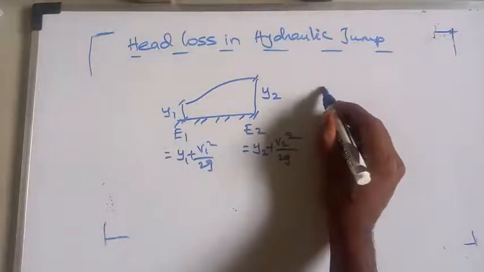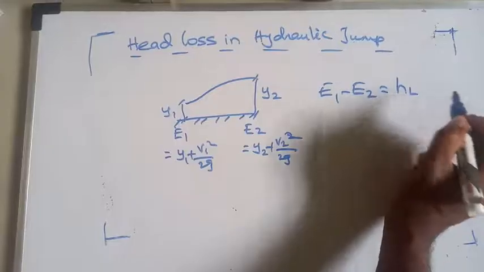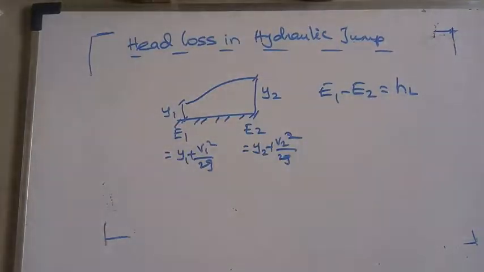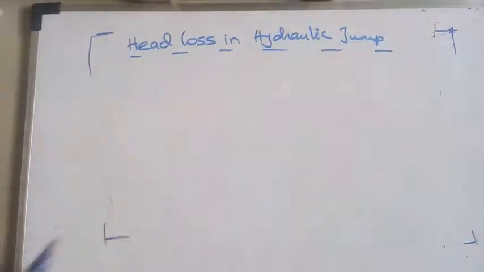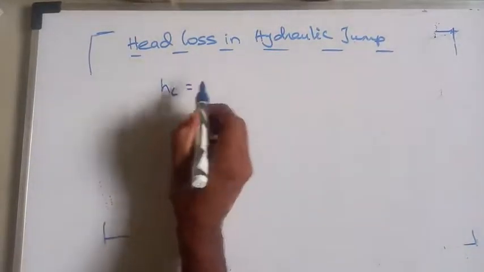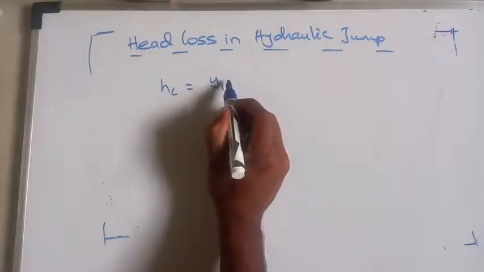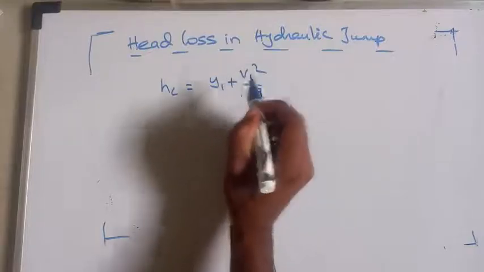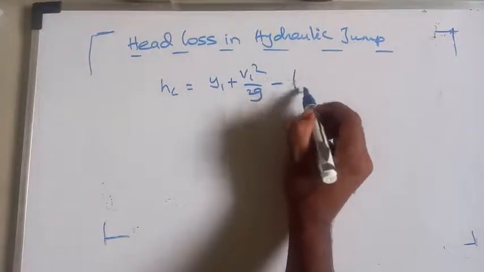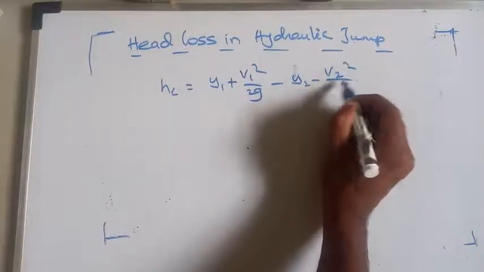So E1 minus E2 will be equal to the head loss in the hydraulic jump. After we know E1 minus E2 is equal to the head loss of the hydraulic jump, then head loss is equal to y1 plus v1 square by 2g minus y2 minus v2 square by 2g.